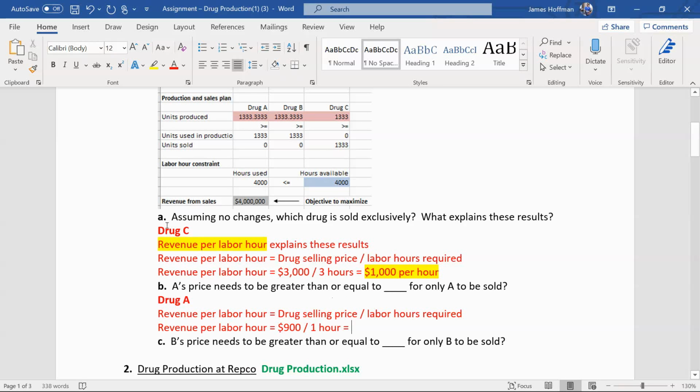Drug A is only giving us $900 per hour, which is less than what drug C is getting. That is insufficient, but what we have to determine is what the price has to rise to for drug A to be comparable with drug C. So what does the price have to be to give us $1,000 per labor hour? Let's put that in.